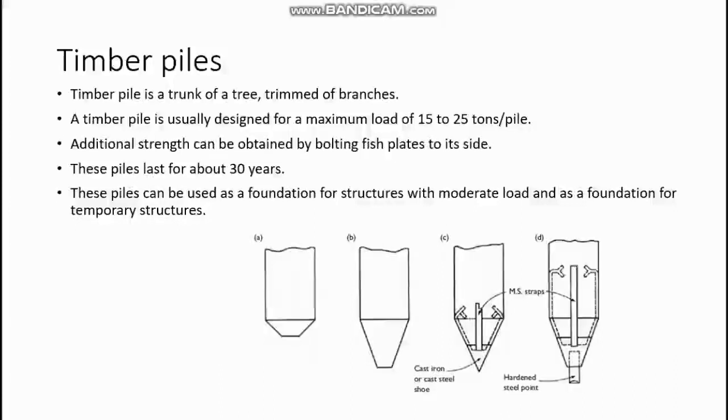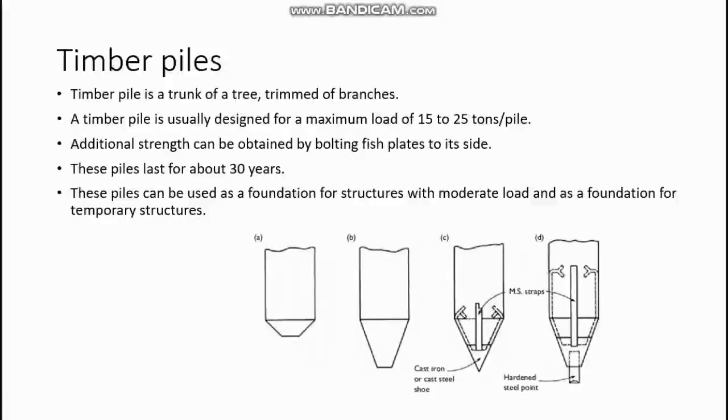Then, timber being a resilient material, timber piles are suitable for impact absorption. Right, whatever impact is coming, it is being absorbed. Timber piles are easy to install, and if necessary it is easy to uninstall a timber pile as well. But if we talk about the disadvantages, timber piles have a small bearing capacity. Untreated timber piles above groundwater may last more than 25 years, but not permanently.